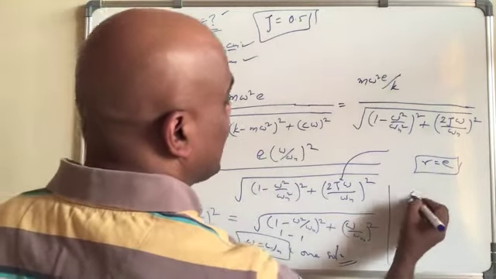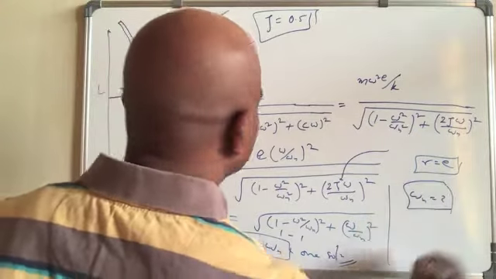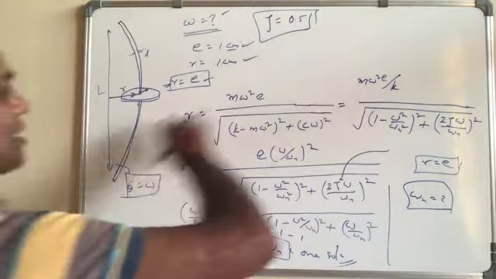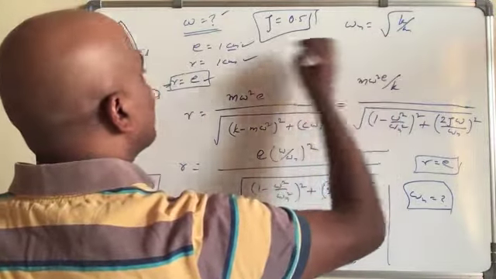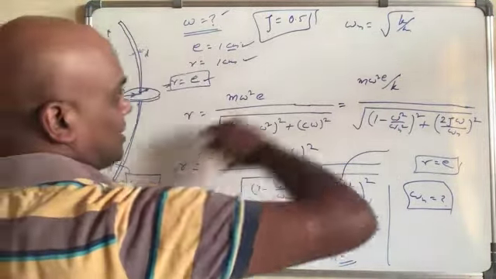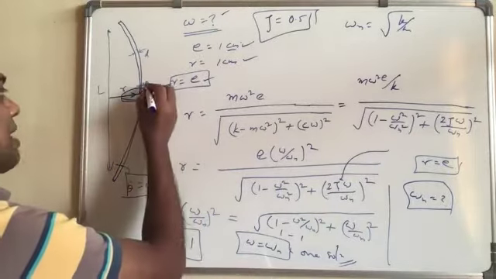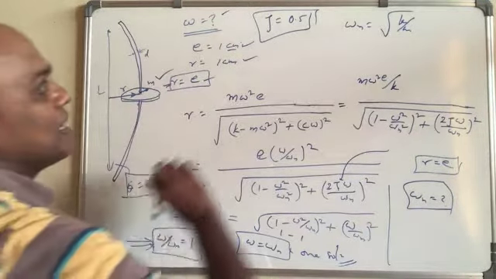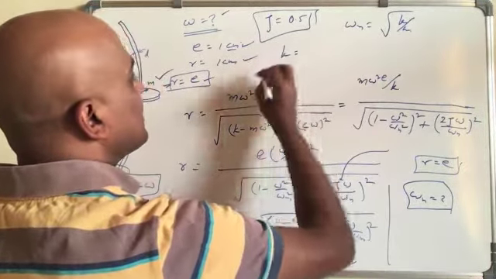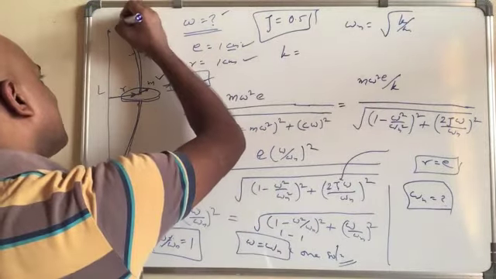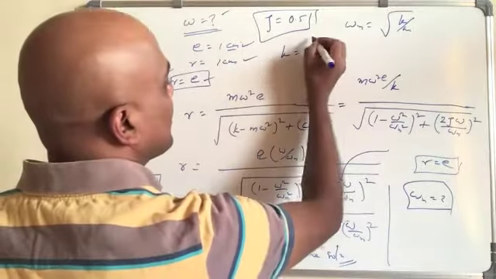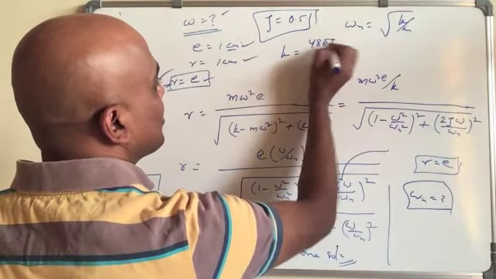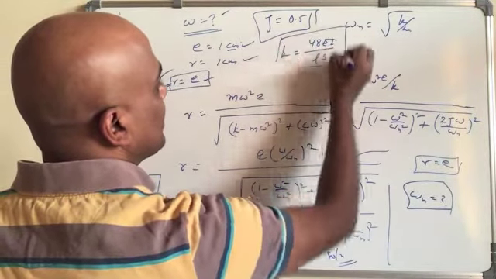And what is omega n? That is the thing now. Omega n is nothing but the root of k over m, where the total mass is given, and k is for this simply supported beam. So k will be 48 EI over L cubed, right?